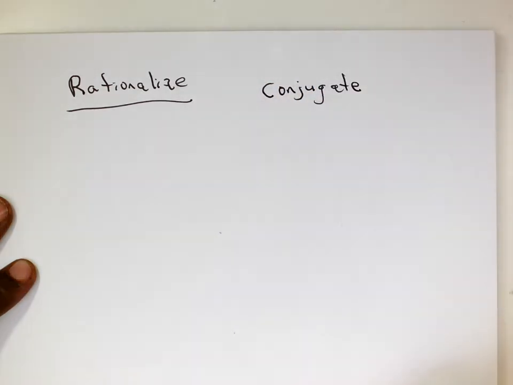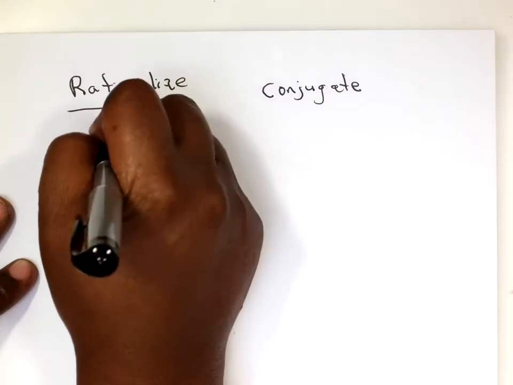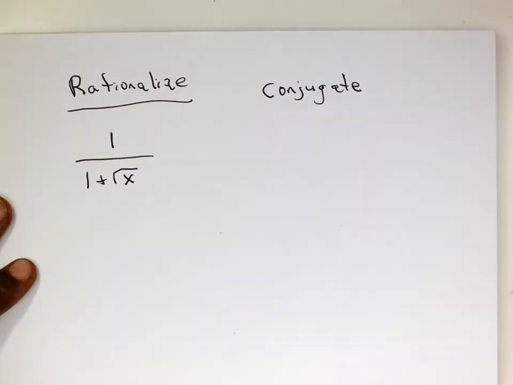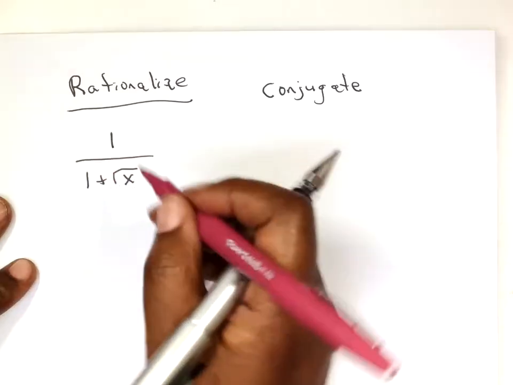And all the conjugate is changing the sign from positive to negative or negative to positive. So if I have 1 over 1 plus the square root of x, and I want to rationalize this, which just means I want to get that radical out of the denominator, I'm going to multiply the conjugate.